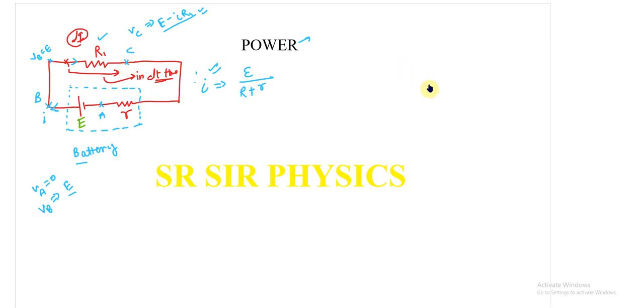We know there is a concept that we call potential energy. Potential energy of a charge is always written as charge into voltage at that point wherever it is kept. So in this resistance R1, there was a point with potential VB and here the potential VC.